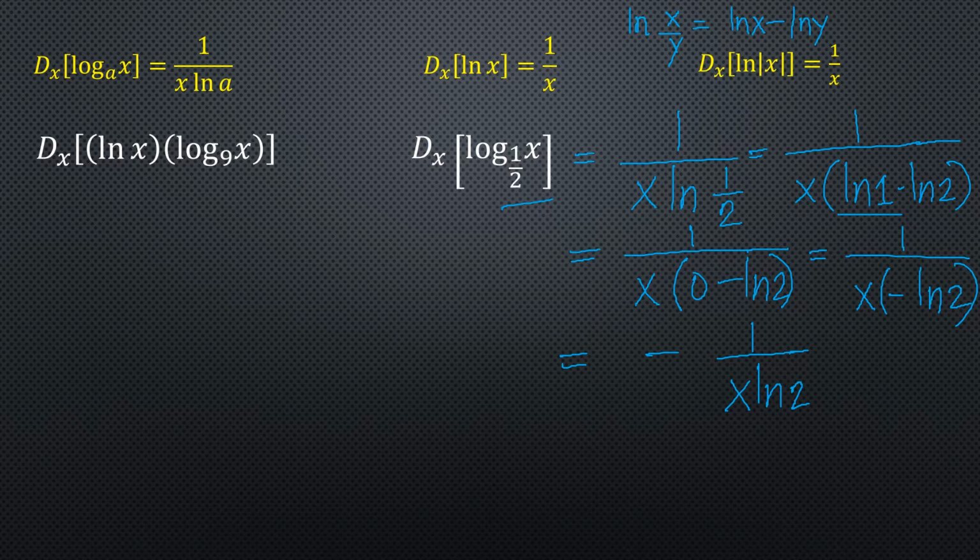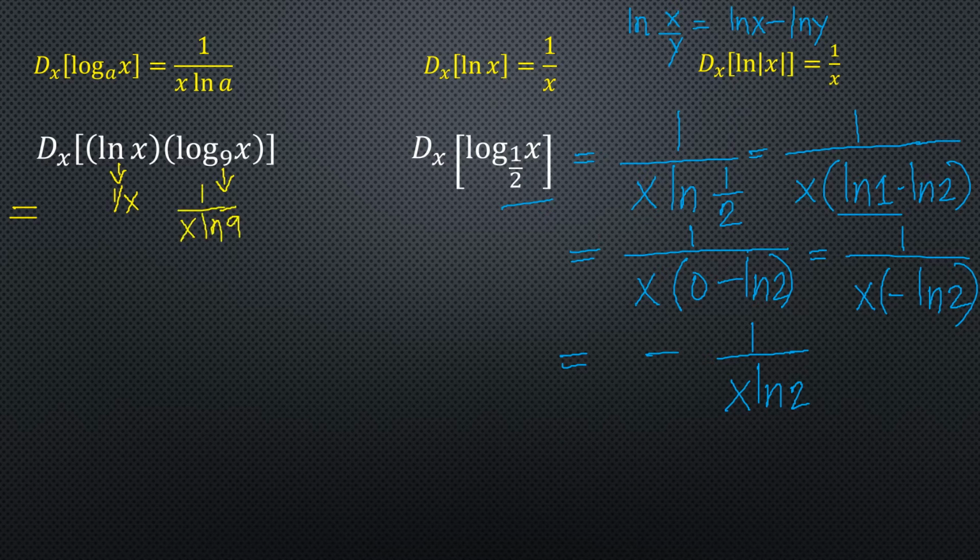On our next example, that is the product of ln of x and logarithm of x to the base 9. Take note that is a product, so we're going to use the product rule. The derivative of ln of x is 1 over x. The derivative of logarithm of x to the base 9 is 1 over x ln of 9.